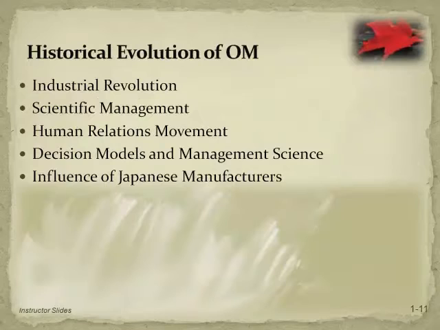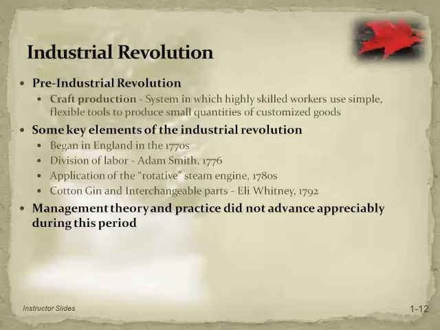Now we'll switch gears a little bit and talk a little bit about the historical evolution of operations management. And we'll go through these elements right here, starting with the Industrial Revolution.